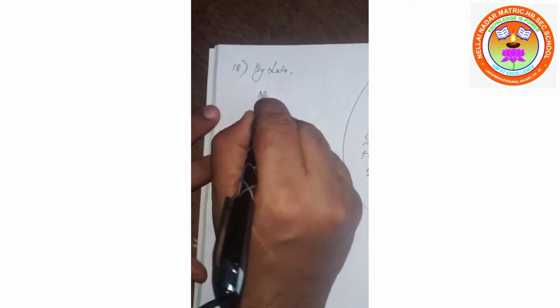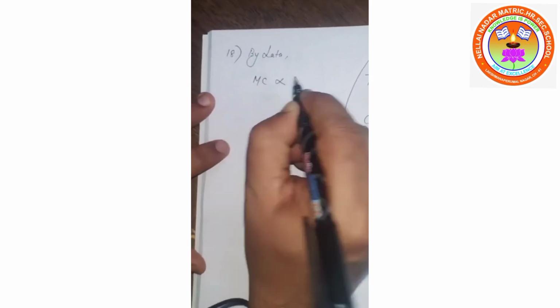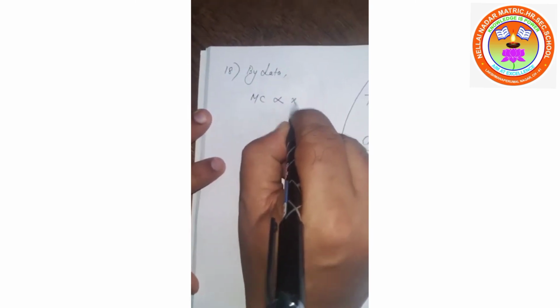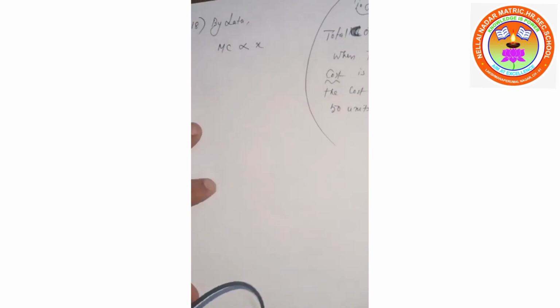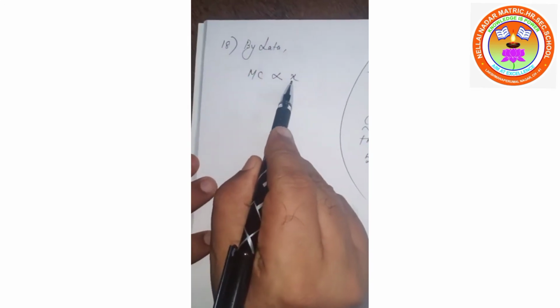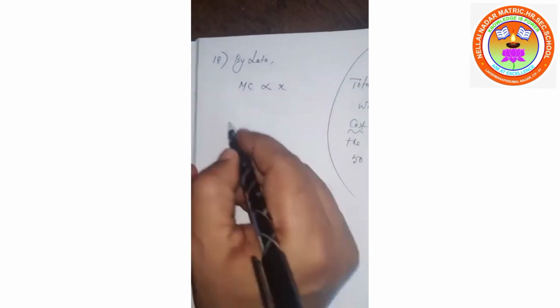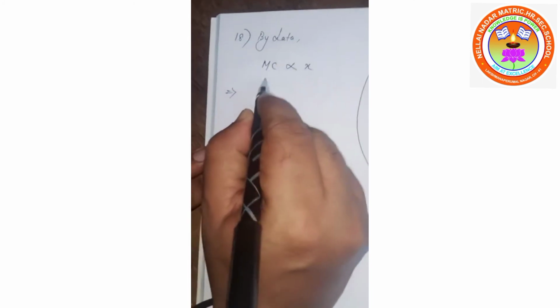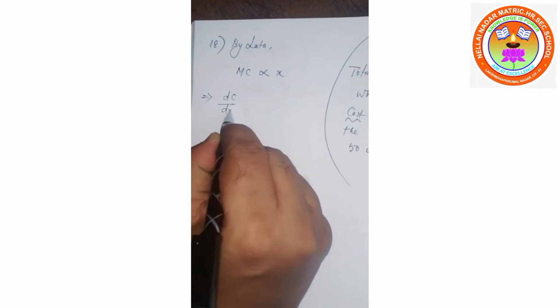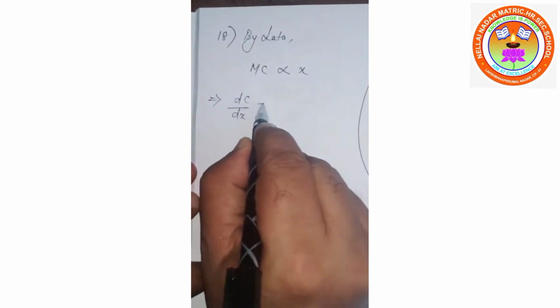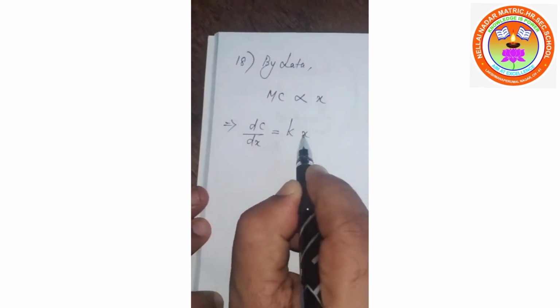So marginal cost is directly proportional to the value X. X refers to the number of units produced, which implies that MC can be replaced by dC by dx, that is equal to Kx.